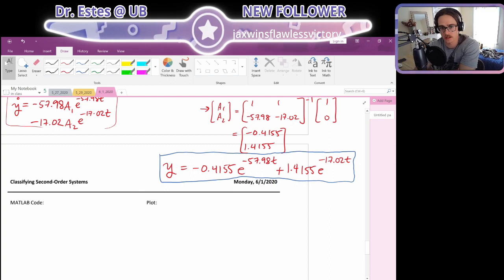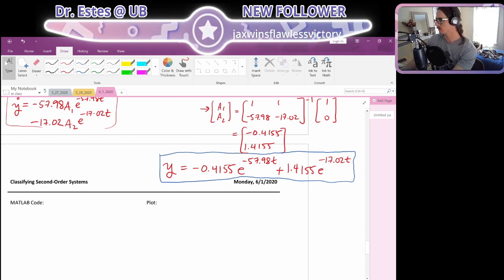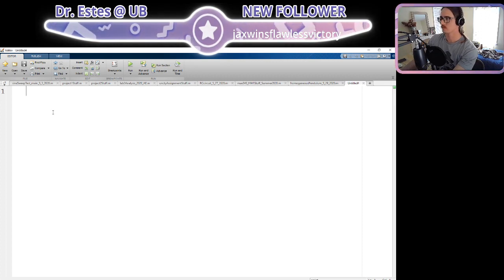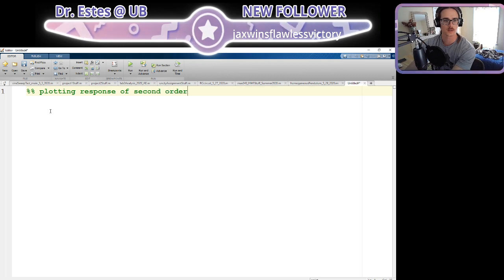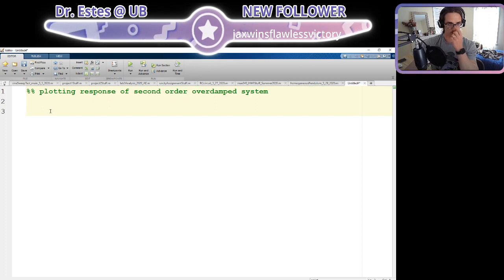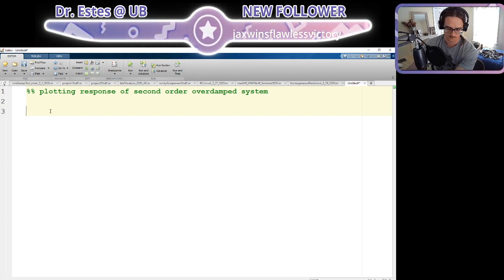Let's plot this in MATLAB. So we're plotting response of second order overdamped system. And you know, the earlier steps we were doing, I would probably include that in this code, but heck, we already did it.